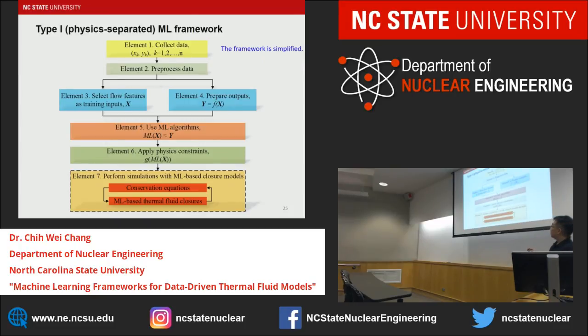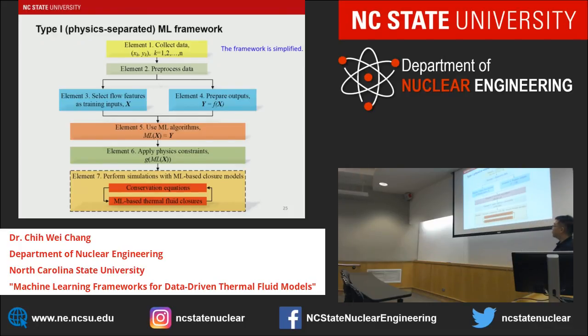In element 3, we need to select several flow inputs. And then in element 4, we need to tell the machine what the targets are, meaning the expected outputs. After we have elements 3 and 4, we can inject the result into element 5. We can select a learning algorithm to build a correlation between the inputs and the outputs.